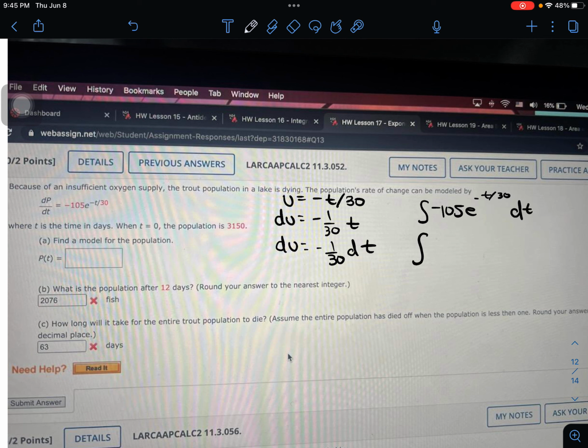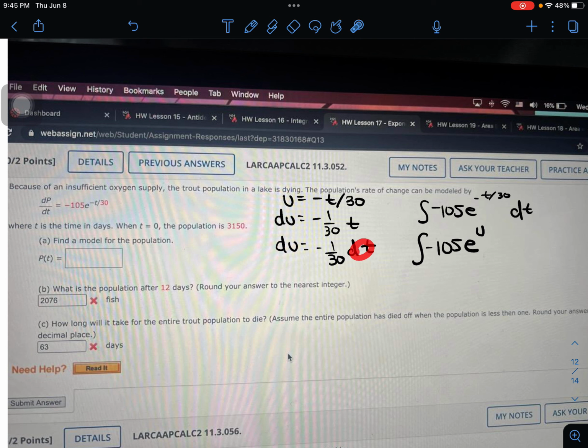So it's going to be the integral of negative 105 e. You see this negative t divided by 30? Well, that's what we said u is equal to. So I'm going to replace that with a u right there. And this dt, I need to replace it with something that has a du in it.